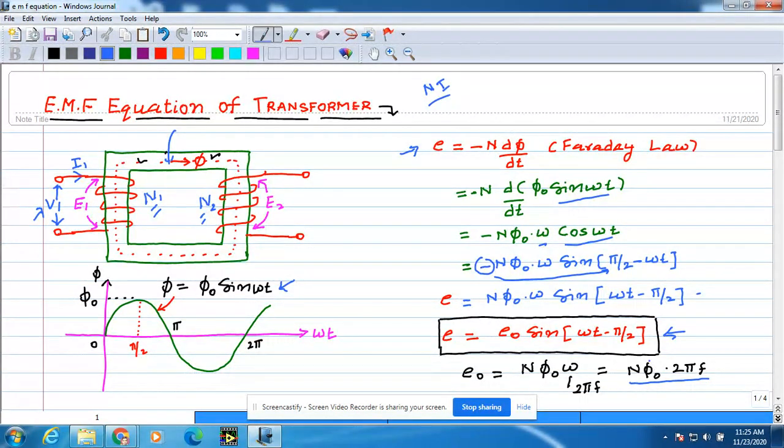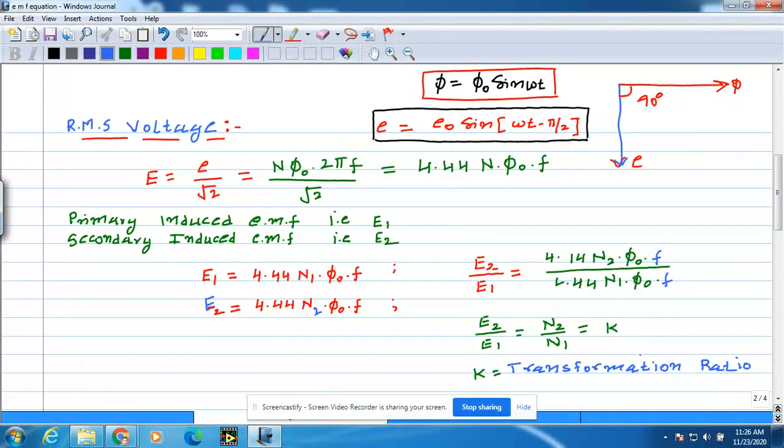It is clearly observed that the flux equation is phi equals phi naught sine of omega t, and the EMF equation is E equals E naught sine of omega t minus pi by 2.